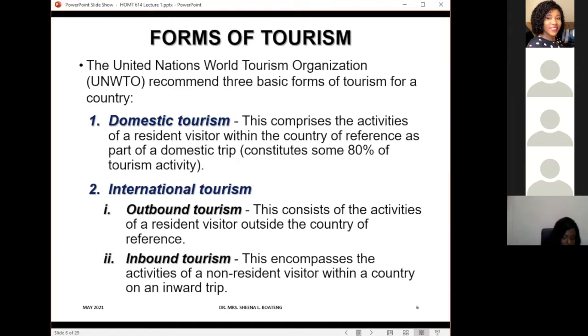The focus is largely on international tourism and not on domestic tourism, right? But the Ghana Tourism Authority is making strides in terms of encouraging more domestic tourism. They've done their best to show that. Yes, Kwame, go ahead.